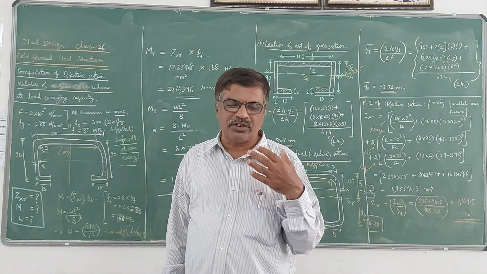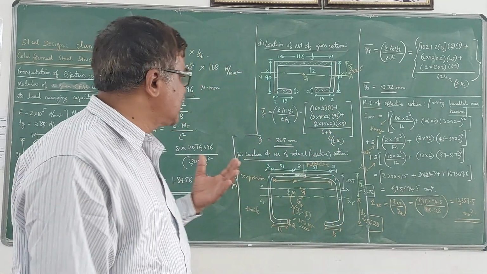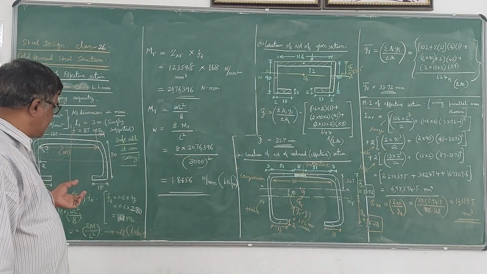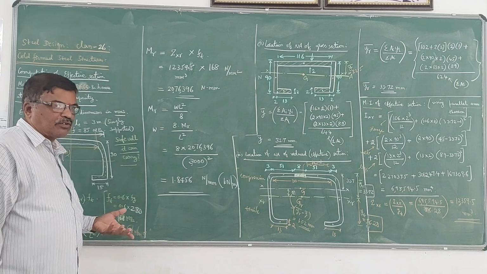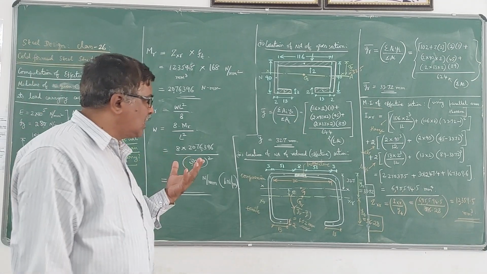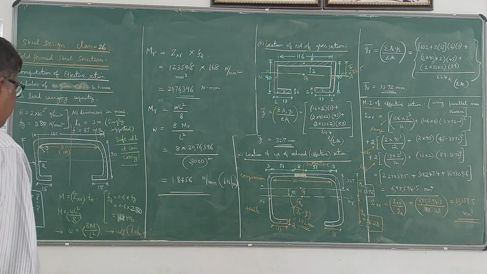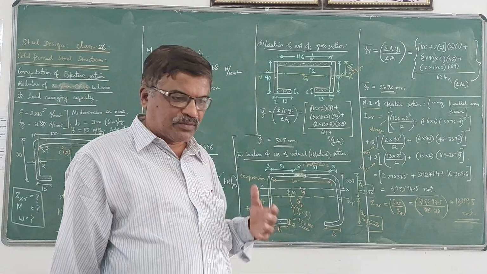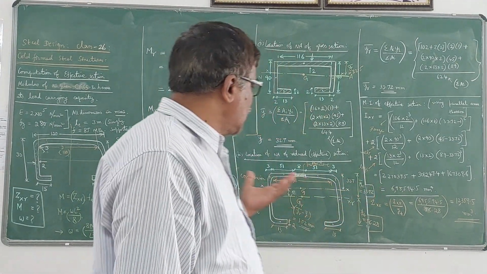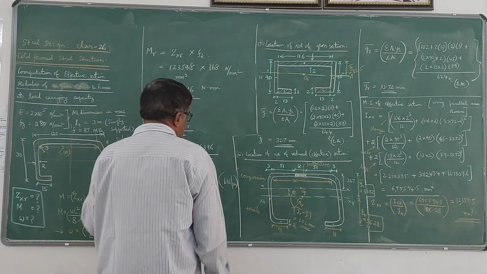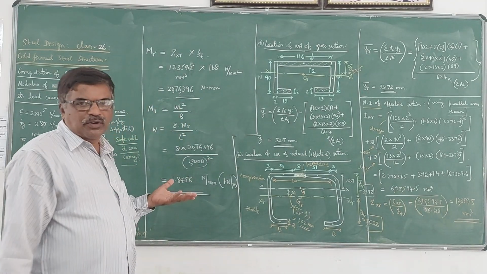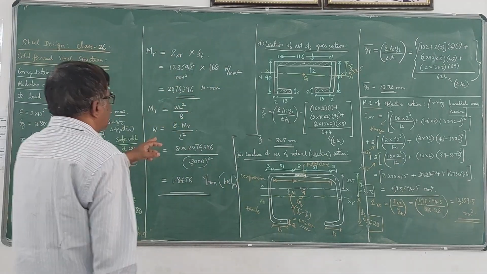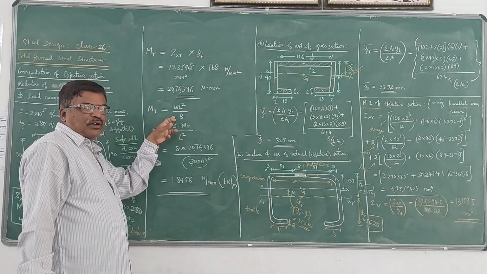Once you get the effective section modulus, multiply it by the effective stress, 0.6 times Fy. Then you equate that moment of resistance to the maximum bending moment of the beam and find out the load carrying capacity W. If it is a concentrated load, you use WL by 4 instead of WL square by 8.